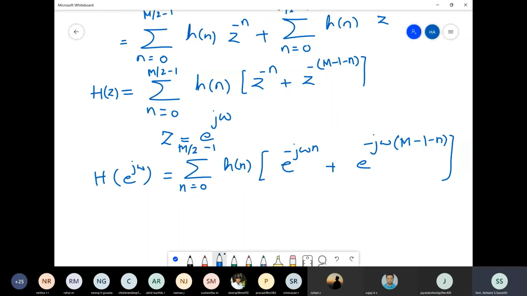So we have substituted for z. This is nothing but the DTFT of the signal, or in turn we call it the frequency response.